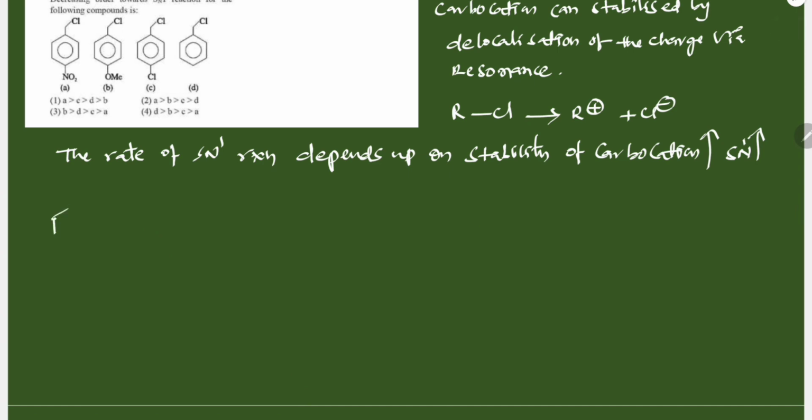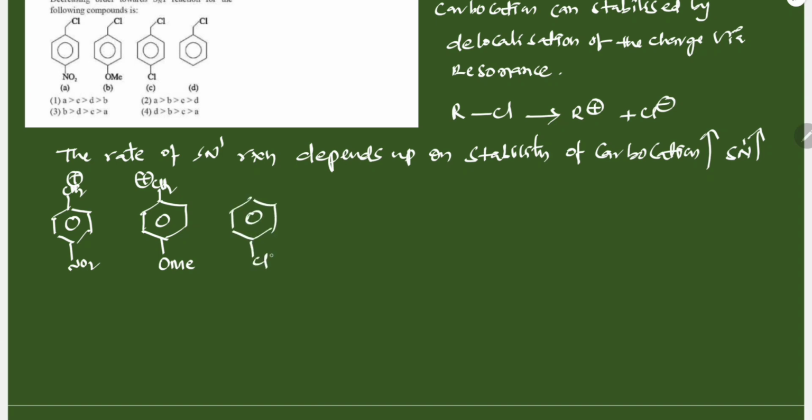For example, compound A has NO2, and the CH2 plus carbocation is formed. Now compound B has OMe with CH2 plus, and again compound C has chlorine with CH2 plus carbocation plus lone pair.